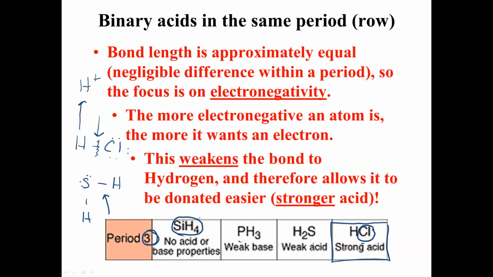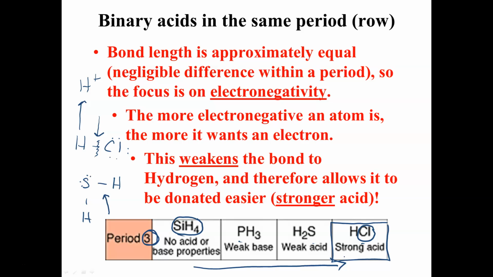All right, so across a row, you want to think about bond length being approximately the same. So you focus on electronegativity, and the atom that wants the electrons more will hog them a little bit more, allowing hydrogen to break off and be donated a little bit easier. All right, so left to right, acid strength increases.